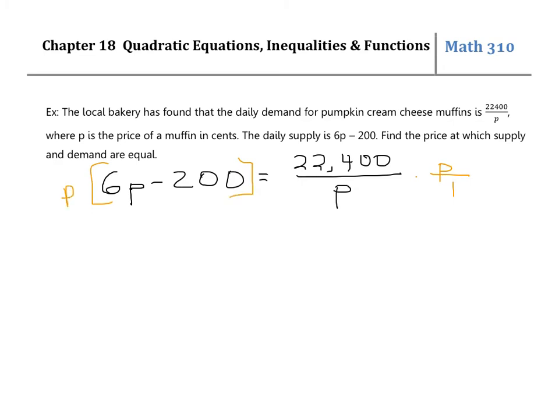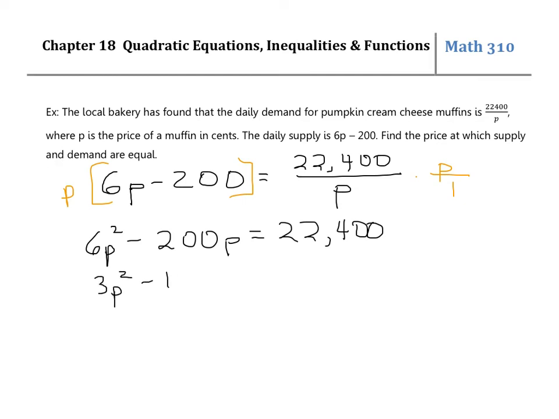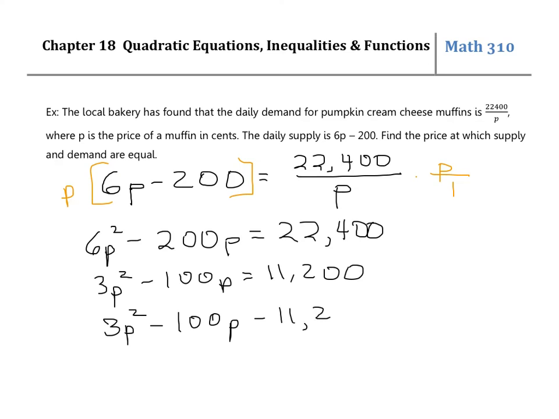And we get 6p squared minus 200p equals 22,400. And let's divide everything by 2, and we get 3p squared minus 100p equals 11,200. And bring the 11,200 over by subtracting it from both sides.